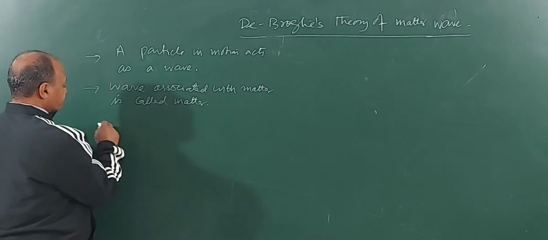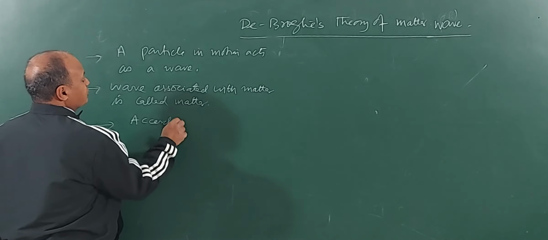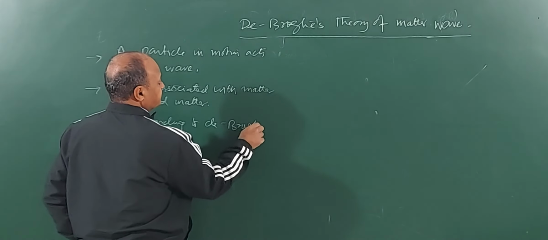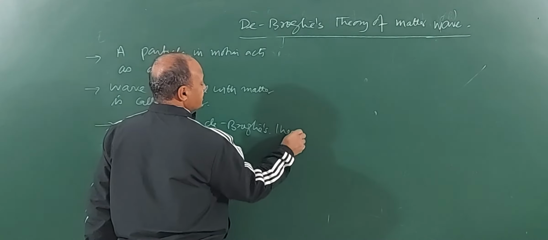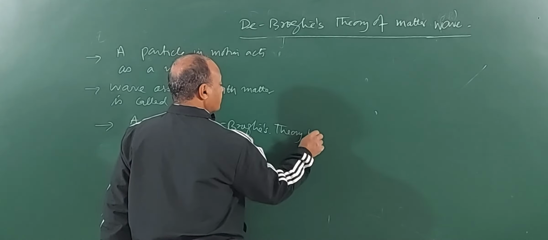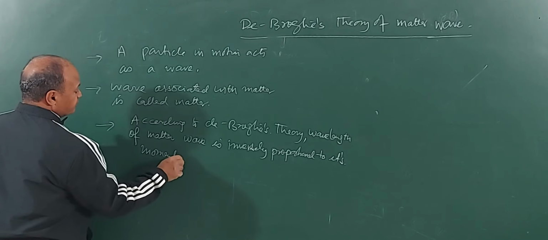According to de Broglie's theory, wavelength of matter wave is inversely proportional to momentum. Now, very important for you to know.